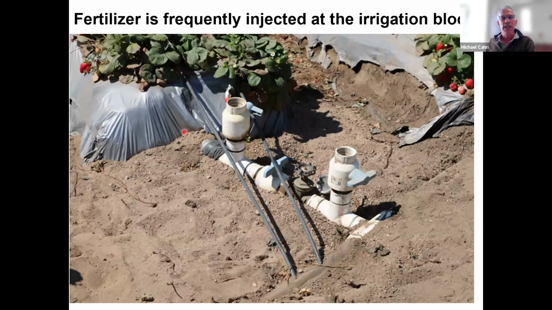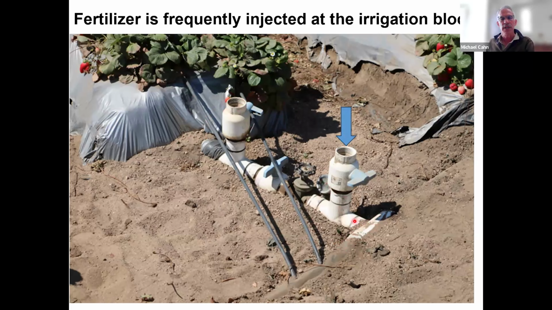When you're injecting at the irrigation block, that's something we frequently see with our strawberry growers. They'll inject, say, here, and the water is branching out quickly to the left and the right.